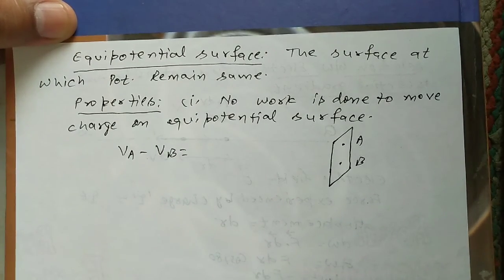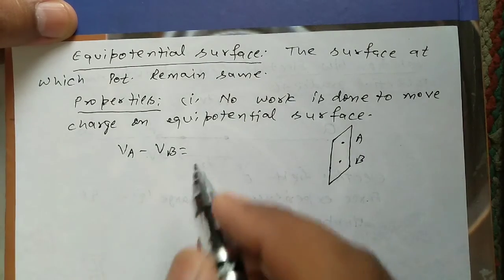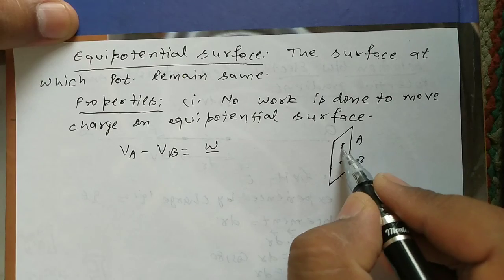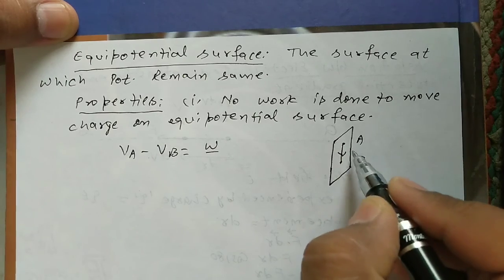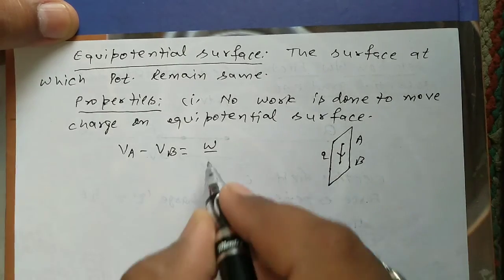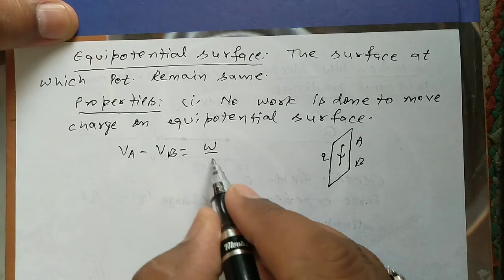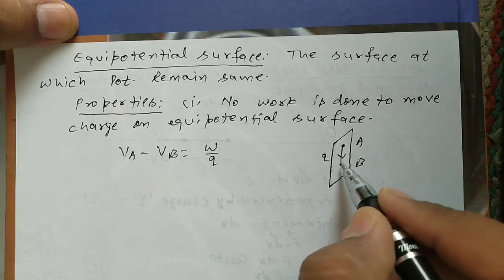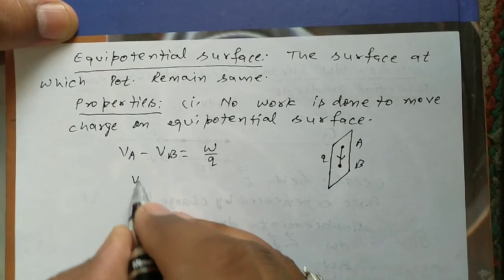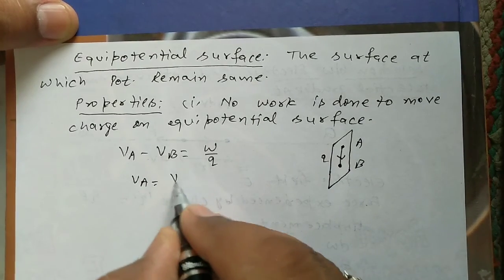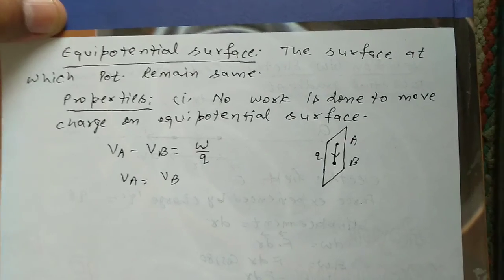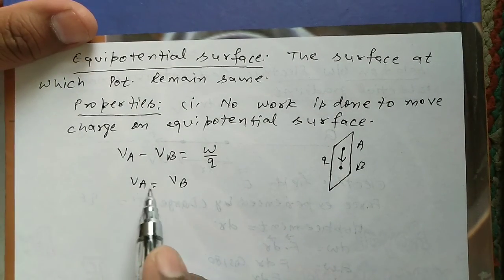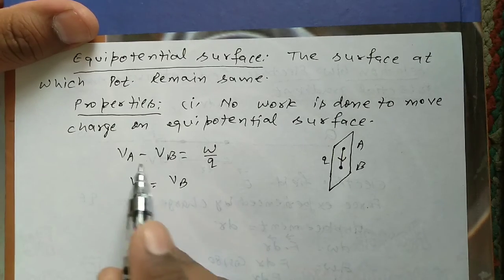According to the definition of electric potential difference, VA minus VB is W upon q. Let the charge q move from the point A to B. Now, VA minus VB equals W upon charge q. This is an equipotential surface, so the potential will be the same at every point. So the potential at the point A and at the point B are equal, VA is equal to VB.